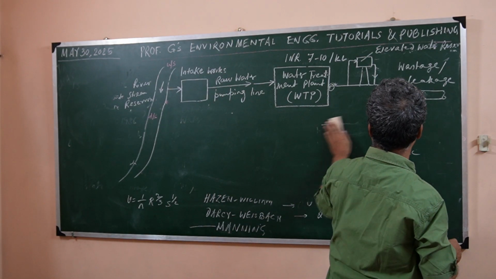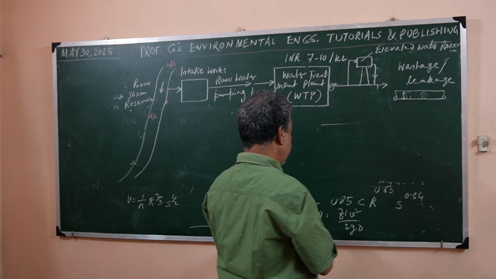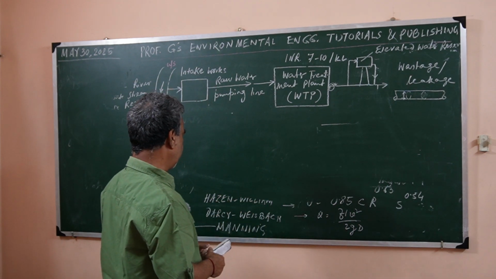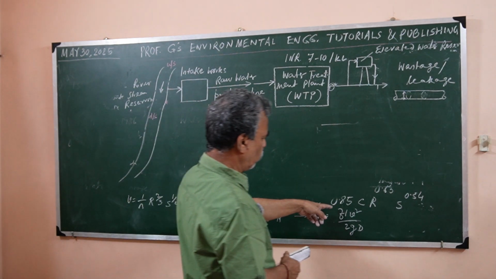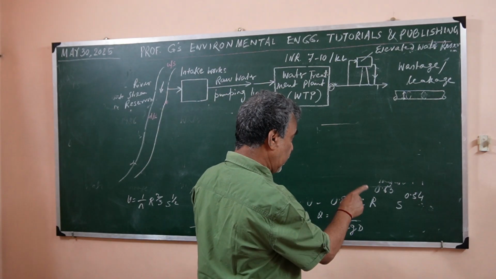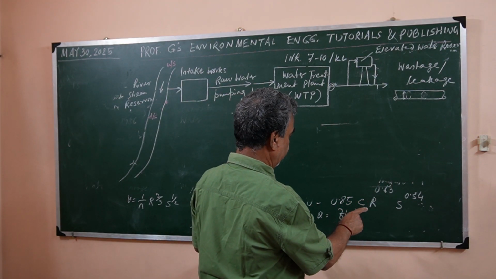Now this is all about the water supply system, and what we have seen is that for the water supply system, the Hazen-Williams equation is normally used, and this needs to be understood very clearly, right?